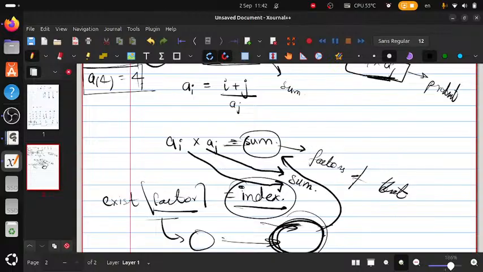So how do we build factors in the first place?